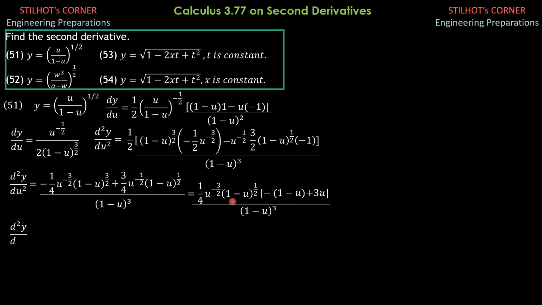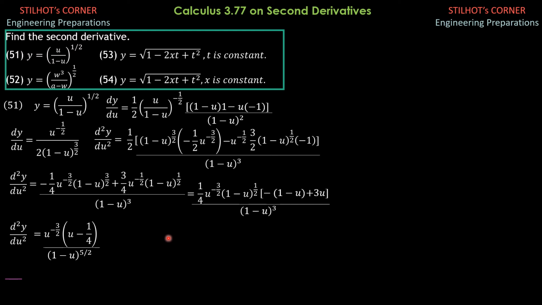So the second derivative of y with respect to u is equal to u to the negative 3/2, then u minus 1/4 as mentioned, because this is 4u minus 1 times 1/4, so u, then negative 1 times 1/4, minus 1/4, all over 1 minus u to the 5/2, because 3 minus 1/2 is 5/2.